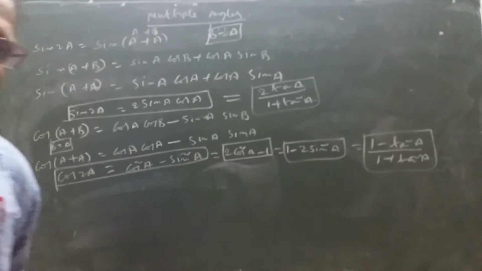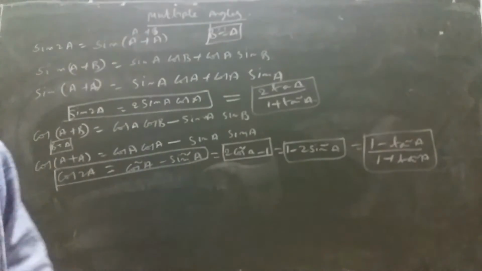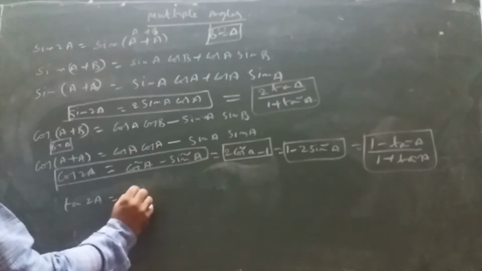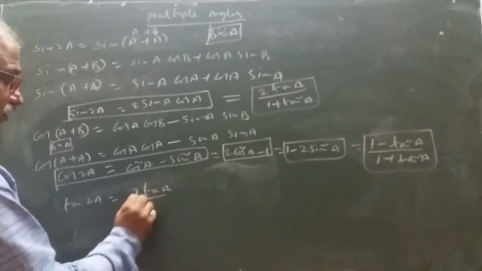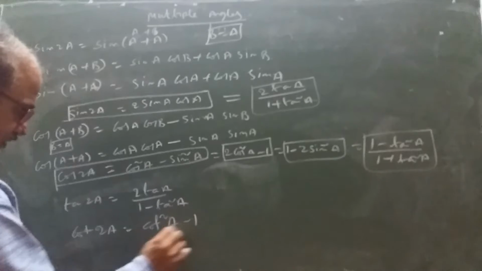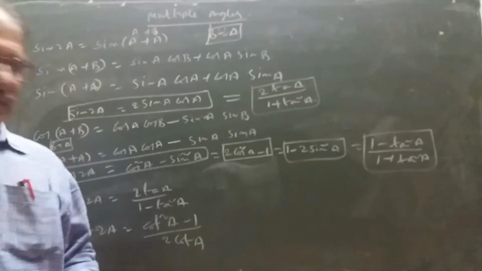Next, tan 2A. Tan 2A means tan of A plus A. By using that, we can find 2 tan A by 1 minus tan square A. Similarly, cot 2A is equal to cot square A minus 1 by 2 cot A. This also we can prove by using the same logic.